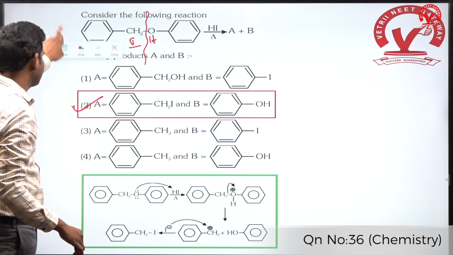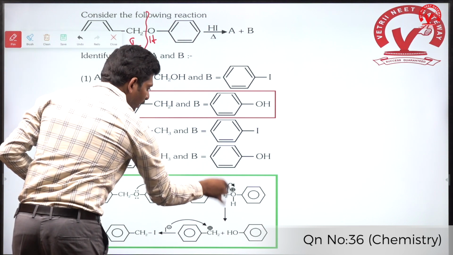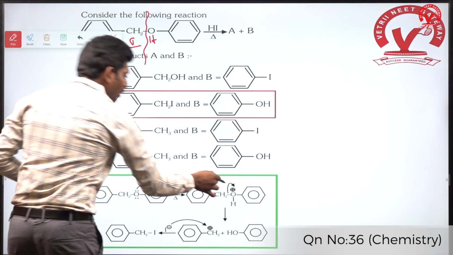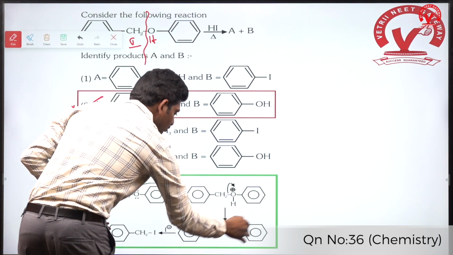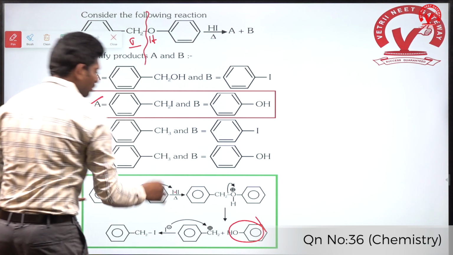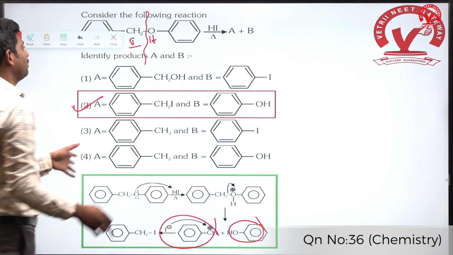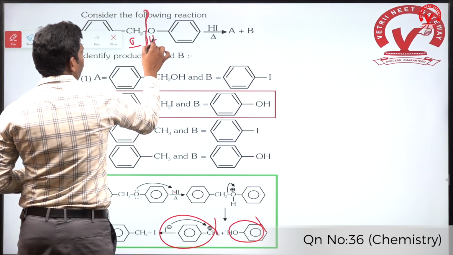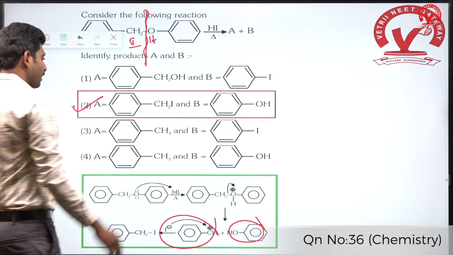This is the mechanism for this reaction. First it combines with hydrogen, and the positive oxonium ion is formed. Then, along with the hydrogen, it forms this alcohol. Then iodine will attack this one and form the iodide. Simply, if you break the molecule, one side gets hydrogen and one side iodine, giving the alcohol and iodide.